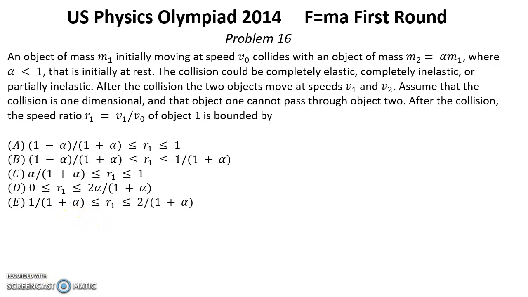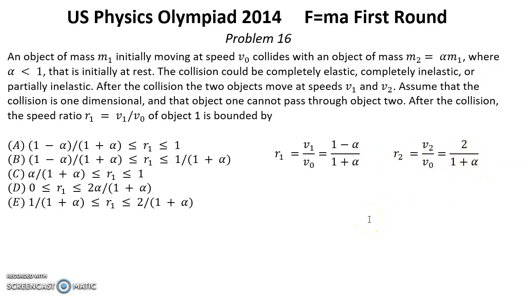Solution. If we have an absolutely elastic collision, we have energy conservation and momentum conservation, and these equations give us this relation: r1, which is equal v1 over v0, equal 1 minus alpha over 1 plus alpha, and r2, which is v2 over v0, equal 2 over 1 plus alpha.